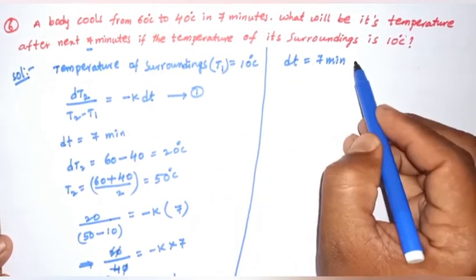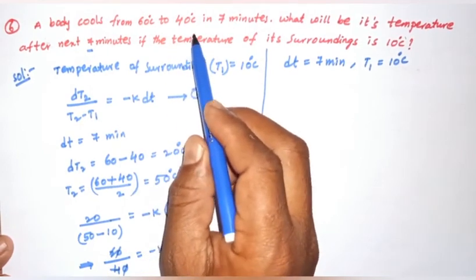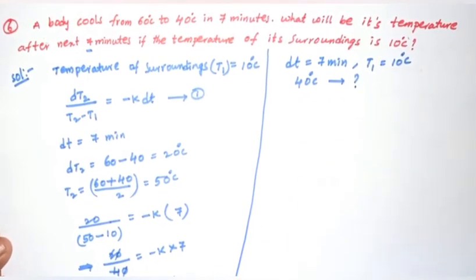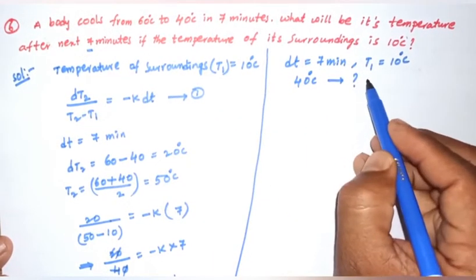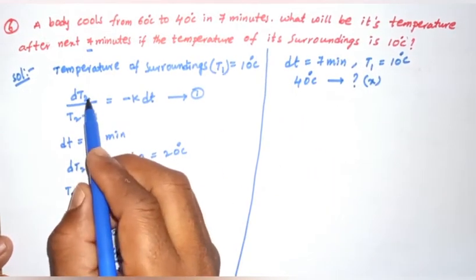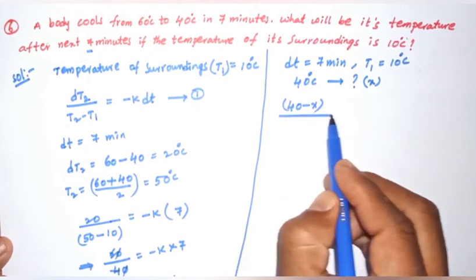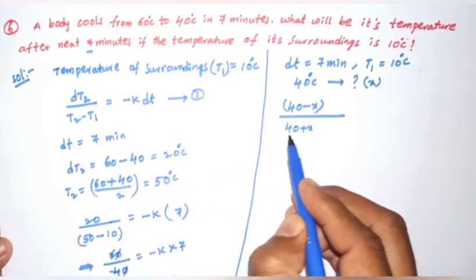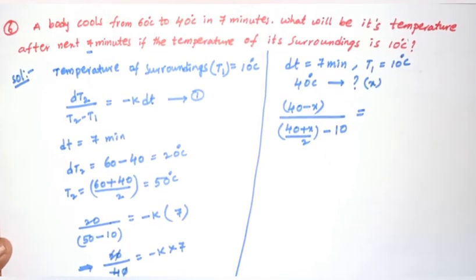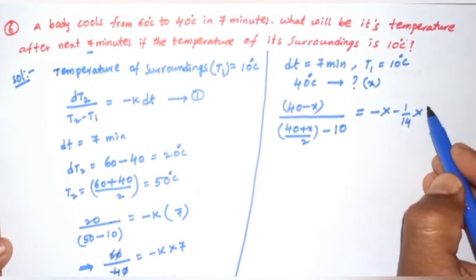The temperature goes from 40 degrees Celsius to an unknown temperature, which we take as X. So dT2 equals 40 minus X, divided by (T2, which is 40 plus X by 2, minus T1 equals 10), equals K, which is minus into minus 1 by 14, into dt equals 7.